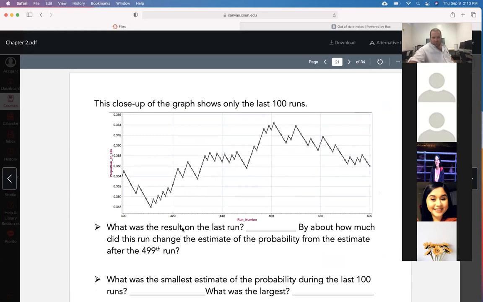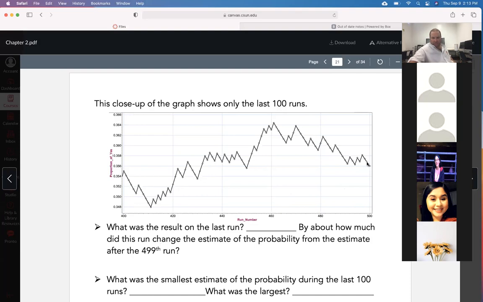So first, what was the result on the last run? Was it a yes or a no based upon this graph? It was a no because we dropped, which means the probability of a yes went down, and the only way that can happen is if we get an extra no. By how much did the run change the estimate from what it was after 499?